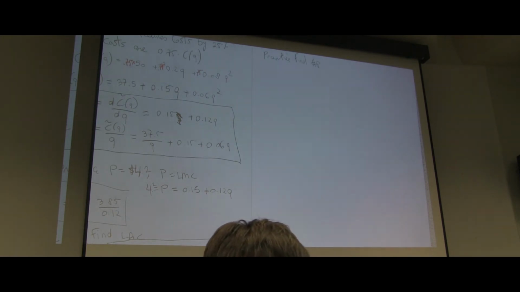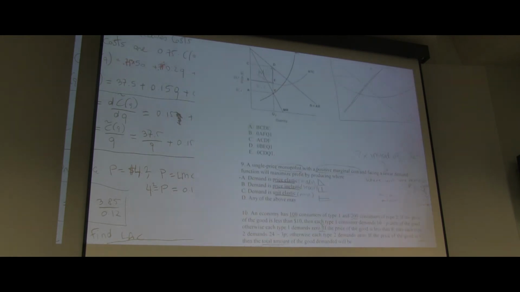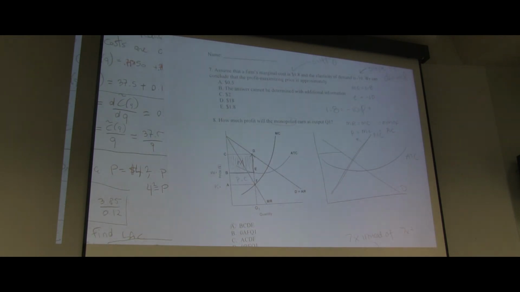So how much profit will the monopolist earn at output Q1? Okay, let's do a visual inspection here. At output Q1, the quantity Q1 is determined by the intersection of marginal cost with marginal revenue, right here. The price is going to be C. What's the average cost of producing each unit of output?